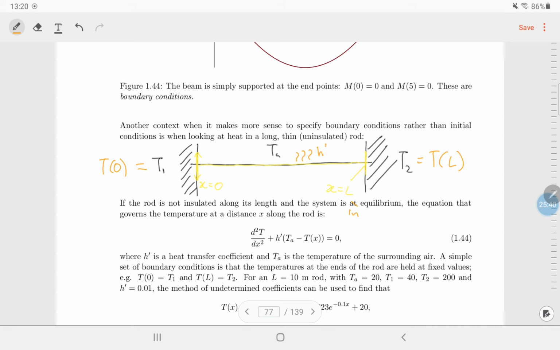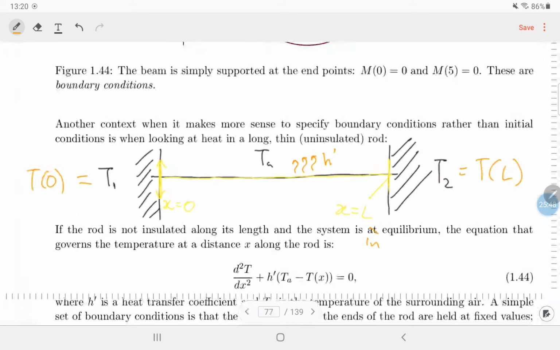And you'll get heat going out of the rod if the temperature at the point x is bigger than the air temperature, whereas you'll get heat going into the rod if the temperature of the air is bigger than the temperature of the rod at that point.